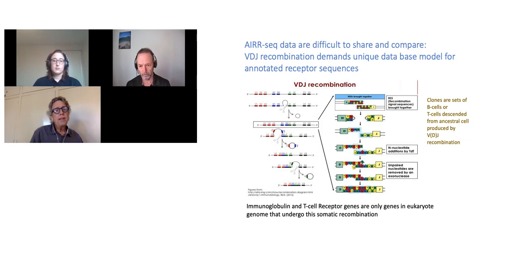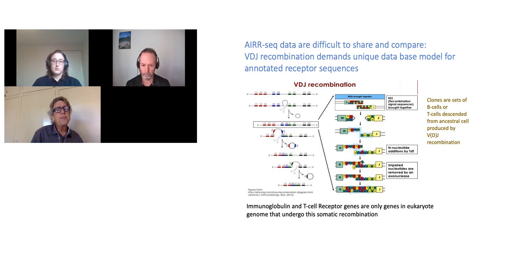And when a B cell lineage or clone, the original B cell or the original T cell, develops, the first step is to take one V, one D, and one J and stitch them together to produce the gene that'll then be expressed as the T cell receptor or the B cell receptor. There are a lot of slides showing this VDJ recombination, but I like this one in that it has little molecular scissors.